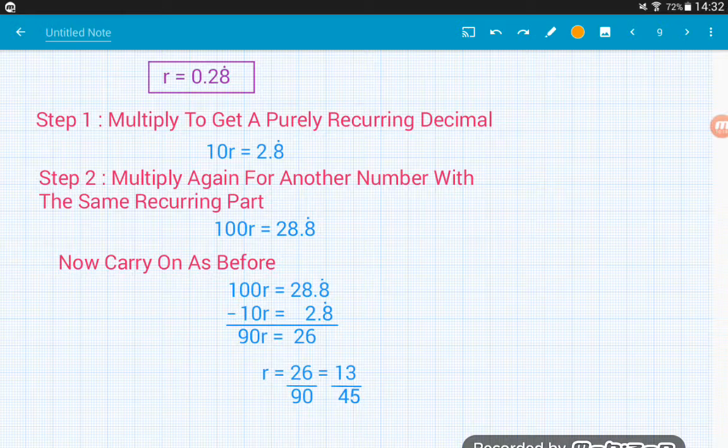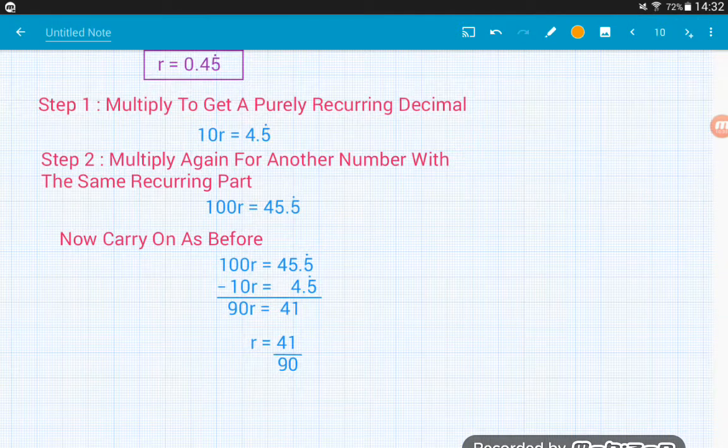Happy days. Do the subtraction, and here we would get 90r equals 26. So if we divide by the 90, we then get r equals 26/90. Now that's got a common factor of 2, and simplifies down to 13/45.